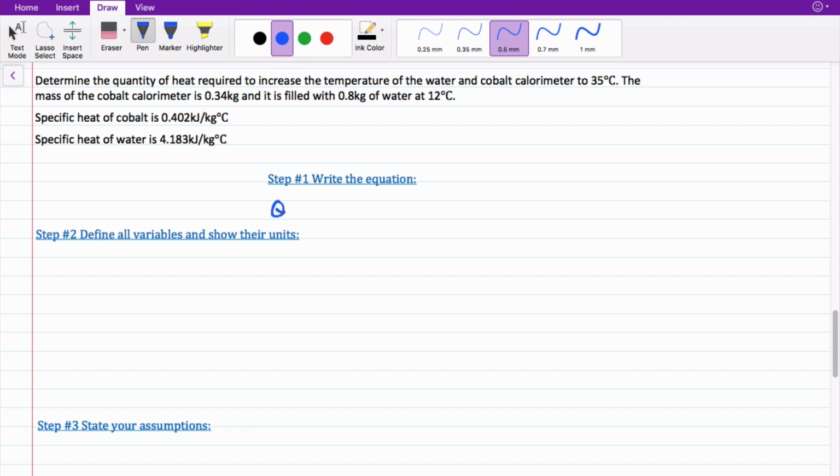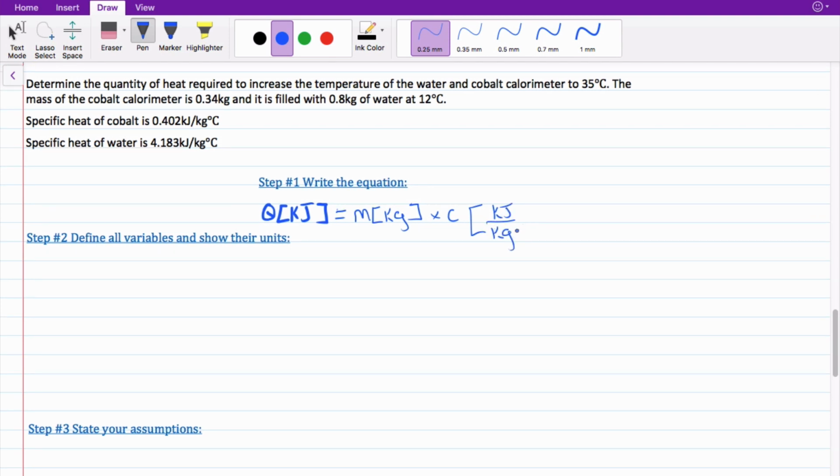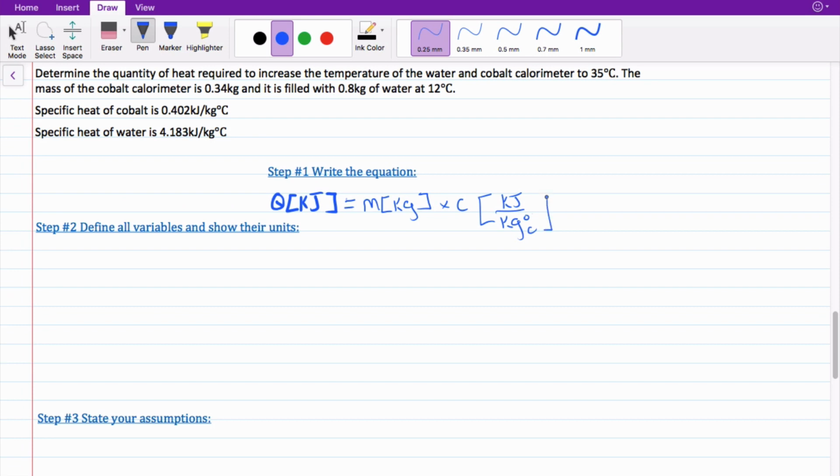So it is Q in kilojoules equals our mass in kilograms times our specific heat in kilojoules per kilogram Celsius times our T2 minus T1. So that's our temperature rise or temperature decrease.